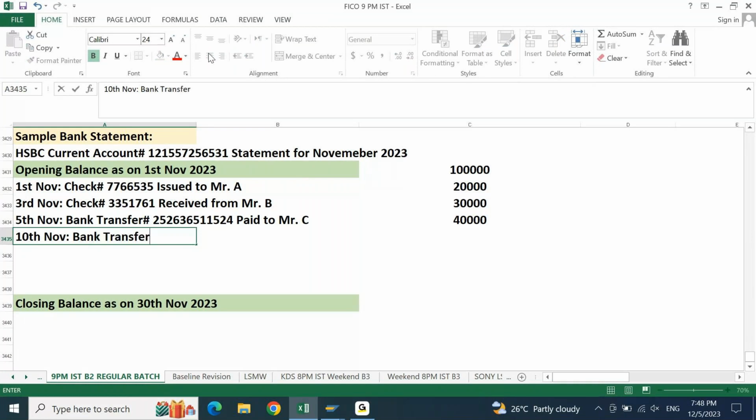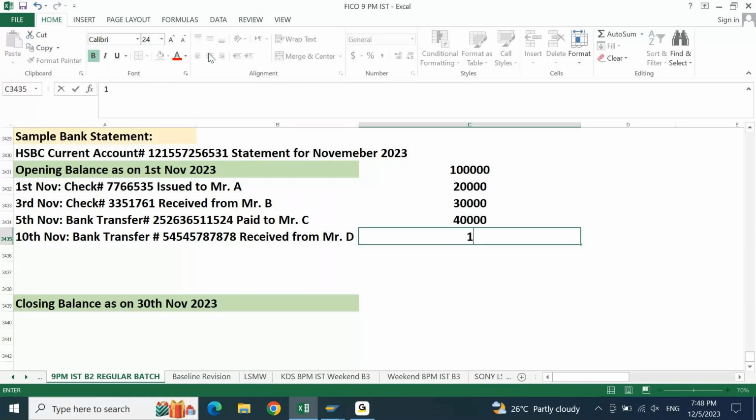bank transfer received from Mr. D. I'll say 10,000.